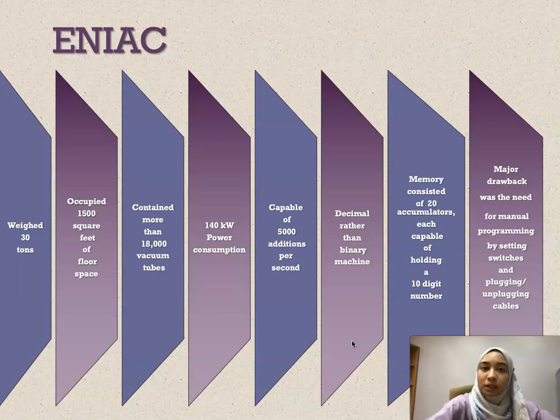That is way beyond a calculator. It worked in decimal rather than as a binary machine. Our machines now work in zeros and ones, but previously it was in decimals, which is tens. The memory consisted of 20 accumulators, each capable of holding a 10-digit number. The major drawback was the need for manual programming.